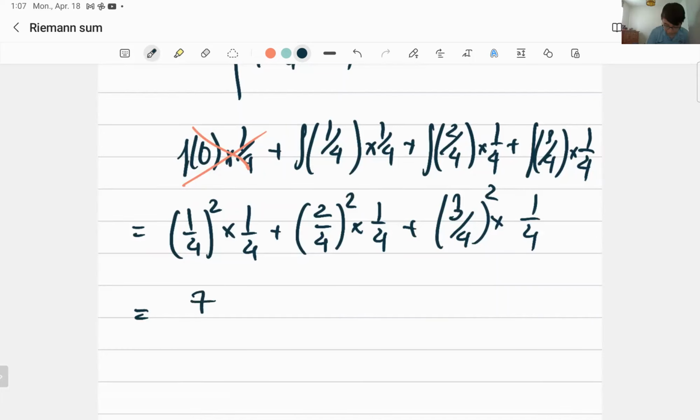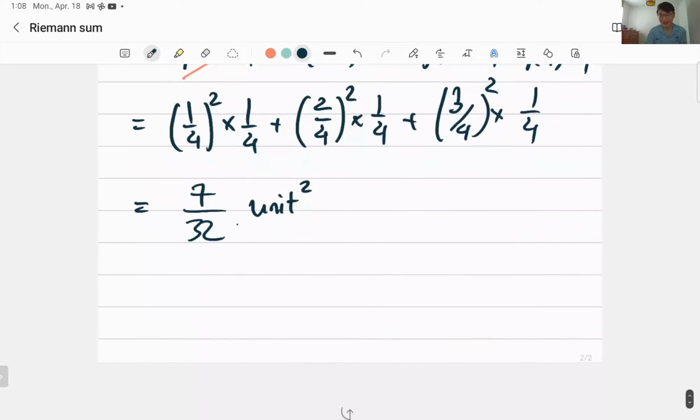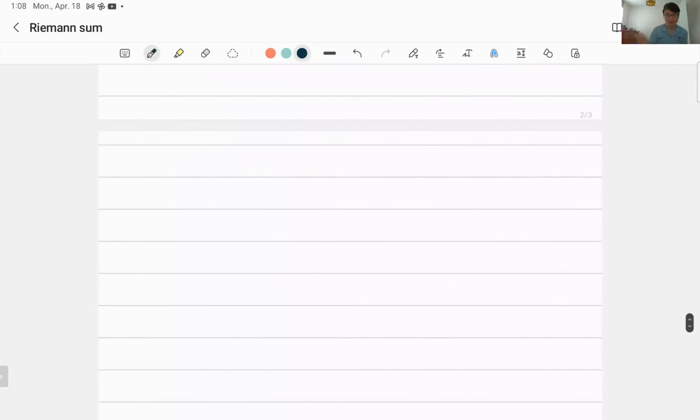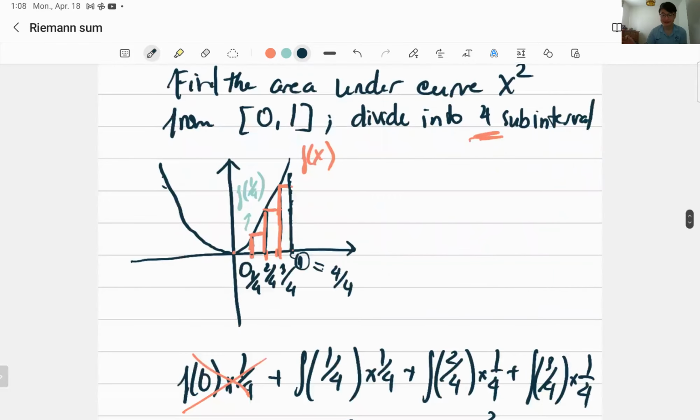I love to put it this way, though it's not that important since we already mastered the math here. Anyway, this is the left side Riemann sum, by the way.